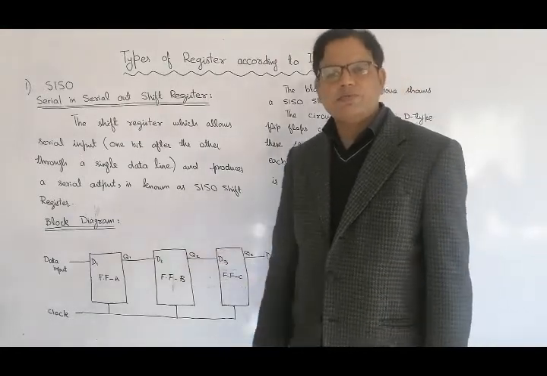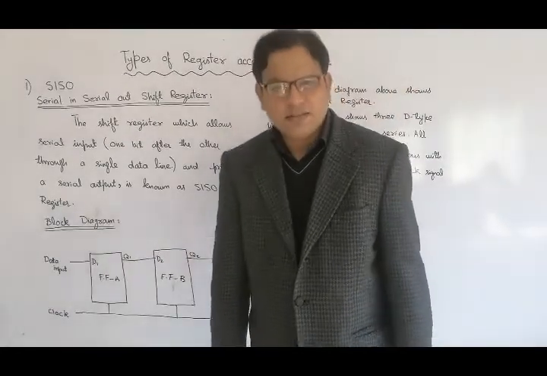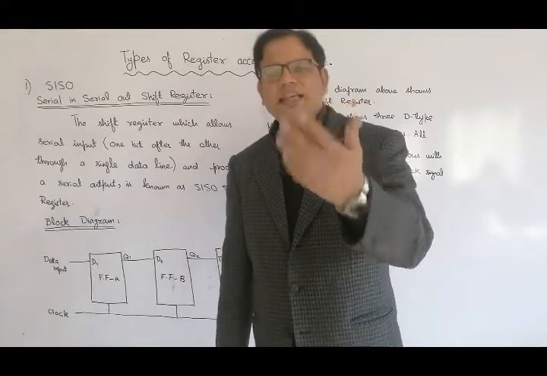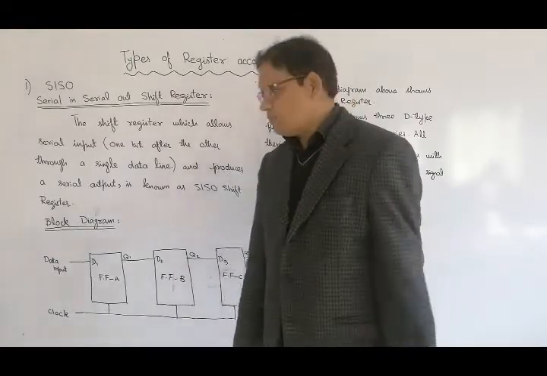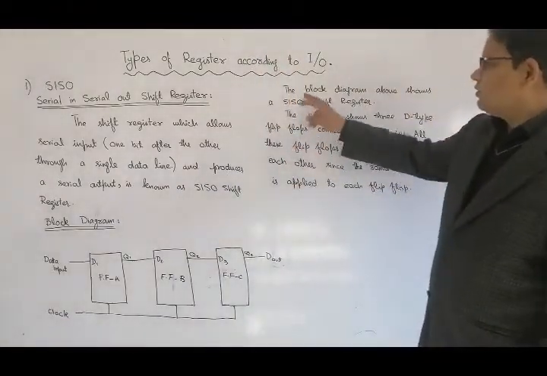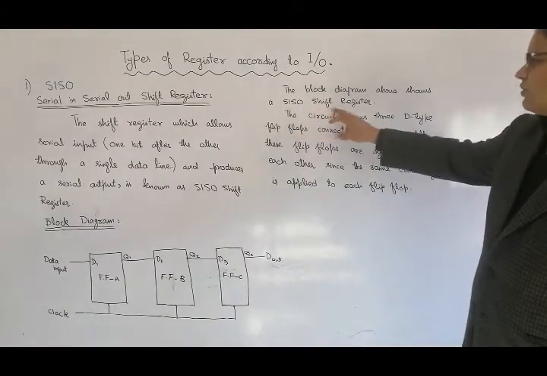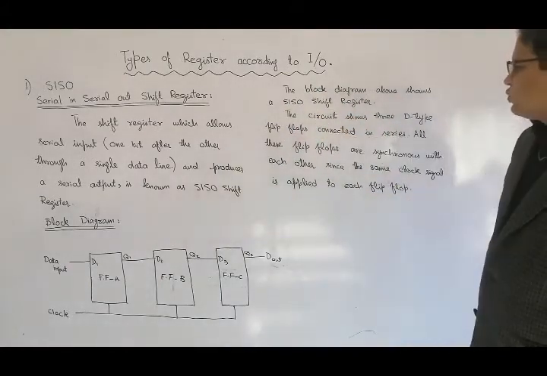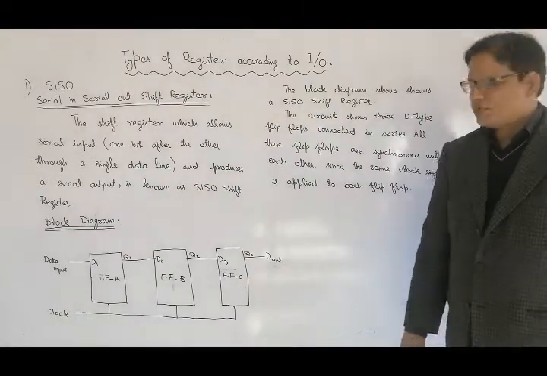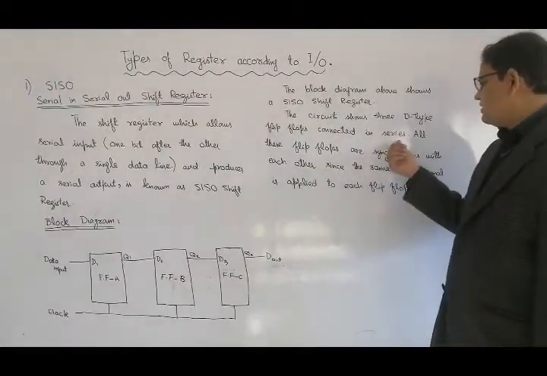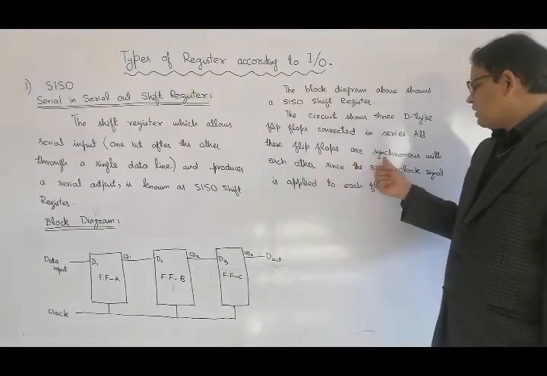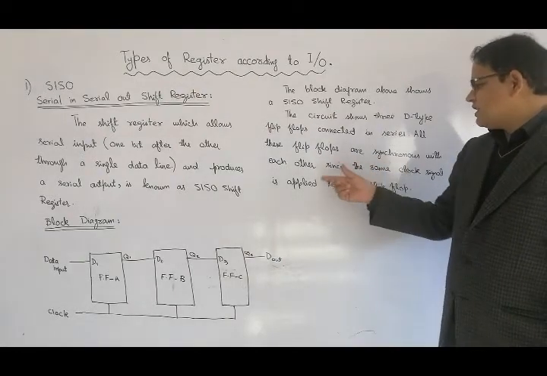The main purpose of a shift register is to store the data temporarily and to give a delay time. So the block diagram shown above is a SISO shift register. The circuit shows three D-type flip-flops, as I have mentioned, connected in series. All these flip-flops are synchronous with each other.